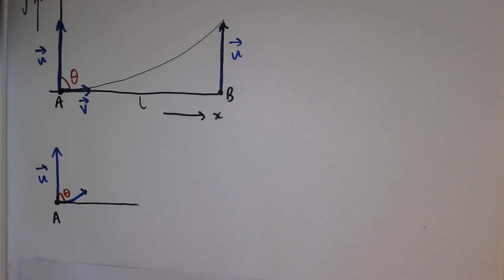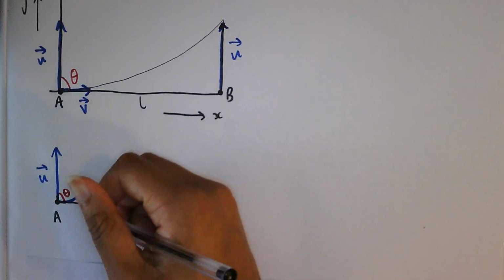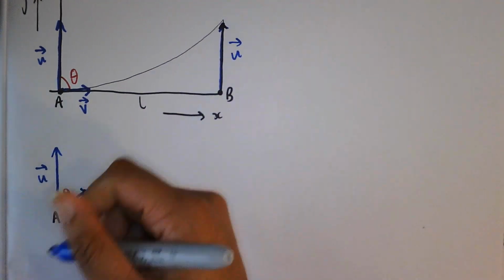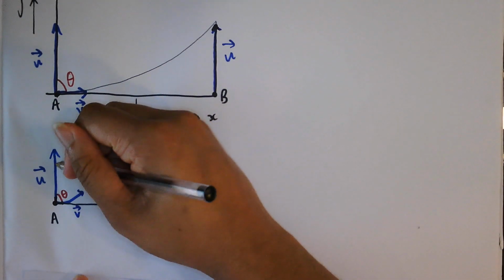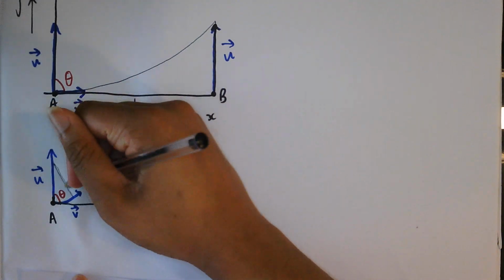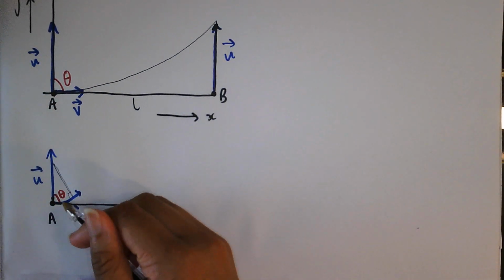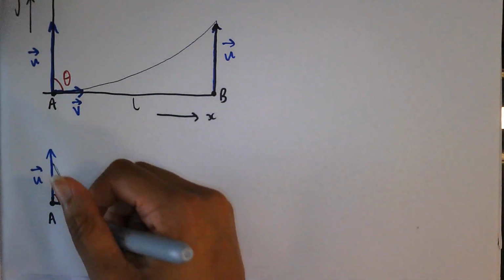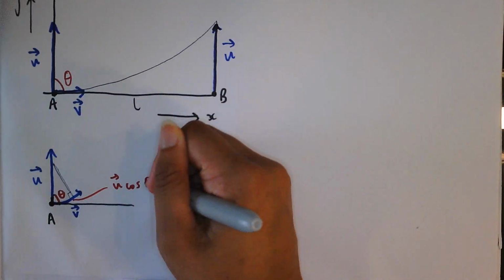And if you want to take a component of u in the direction of v, so this is v, we can draw a line there, and we can see that the component of u in the direction of v is equal to u cos theta. So that component there is u cos theta.